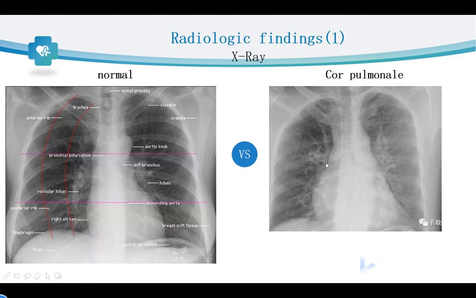And the boundary of the right atrium is increased. We can also find the enlargement of the left hilum, which presents a hypertension of the pulmonary artery.